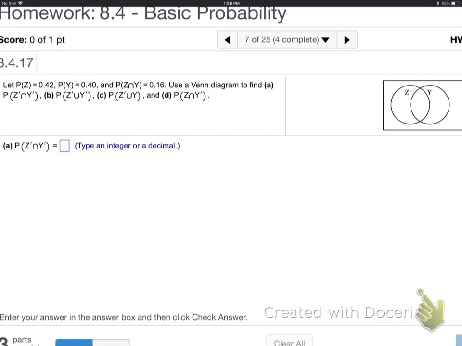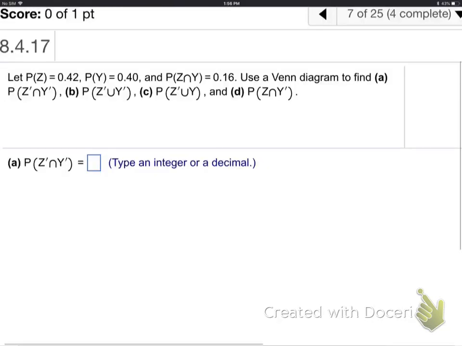Okay, so P of Z is 0.42, P of Y is 0.40. Find all different kinds of things. All right, so take this Venn diagram. Let me just draw it. I'll do a big Venn diagram in the middle here for you.